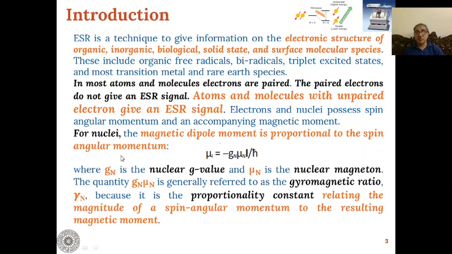This Gn into mu n is generally referred to as the gyromagnetic ratio, gamma n, and it is a proportionality constant related to the magnitude of a spin angular momentum to the resulting magnetic moment of the nucleus.